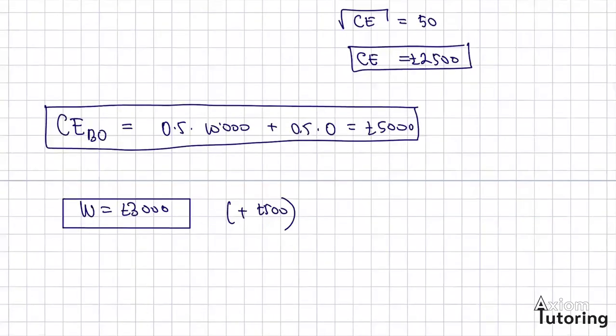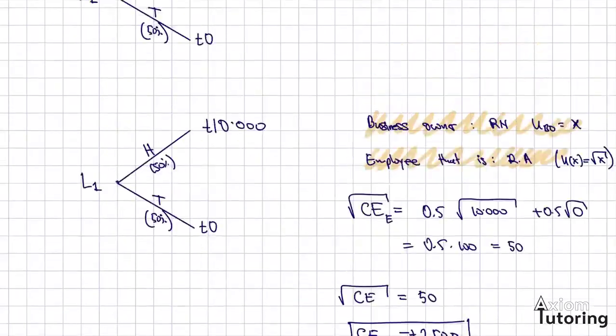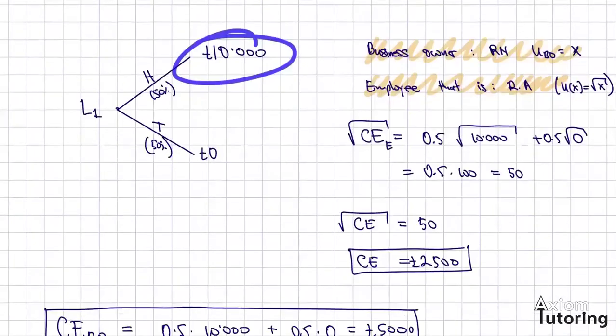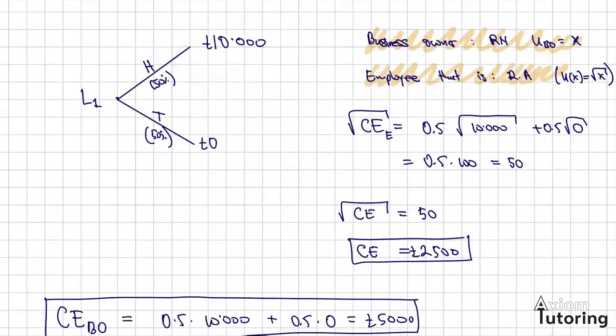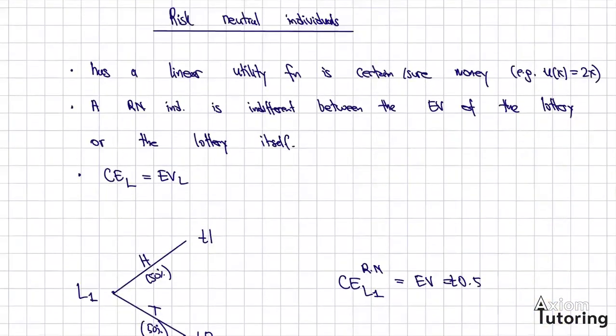But what about the profits for the business owner? He values this lottery at 5,000 pounds and is only paying 3,000 pounds. So there is 2,000 pounds of profit that the business owner can make. The business owner could either take this opportunity on himself or not. Here we have a really nice application of the idea of risk neutral.